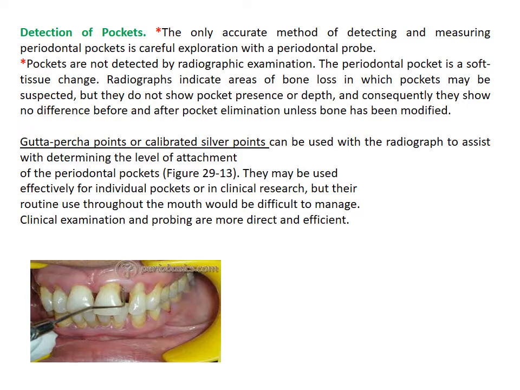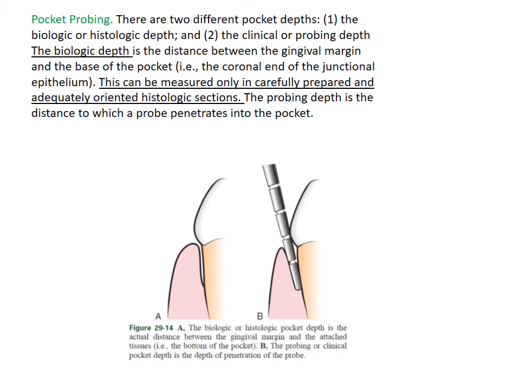The probe goes with the long axis of the tooth, in the direction of the tooth, tapering apically, so with that direction we can penetrate the probe. If it stays at the base of the pocket, which is apical to the cemento-enamel junction, this is a true pocket. If the pocket is at the cemento-enamel junction, there is no loss of attachment.